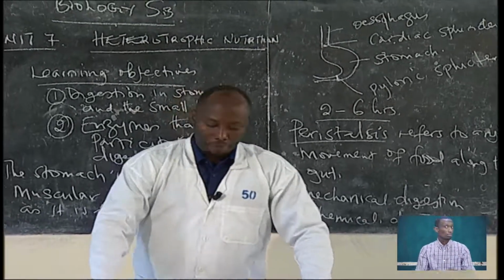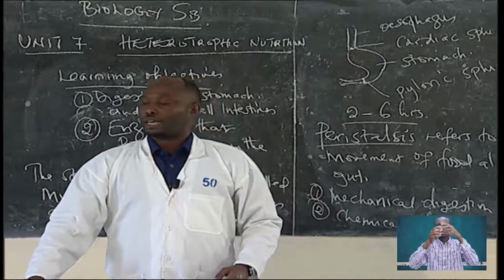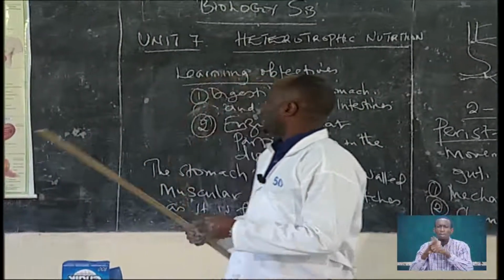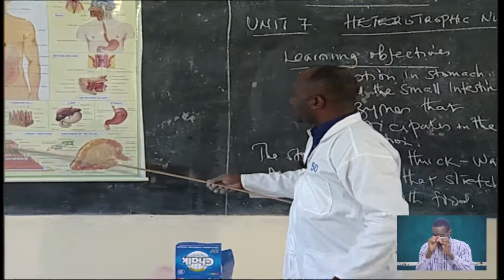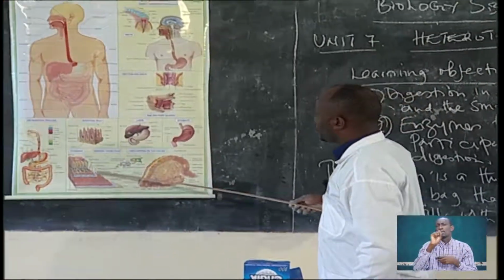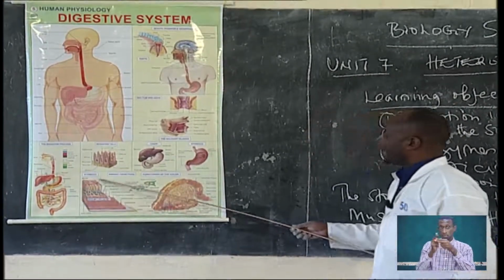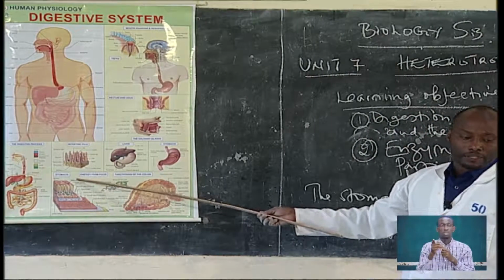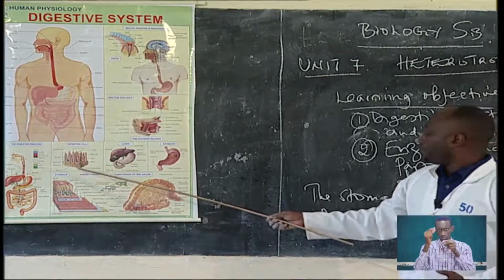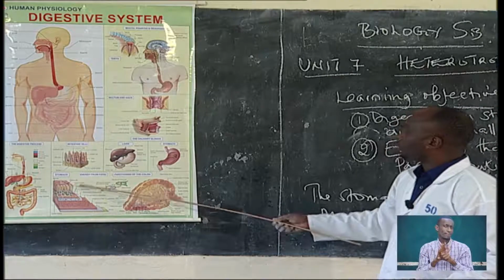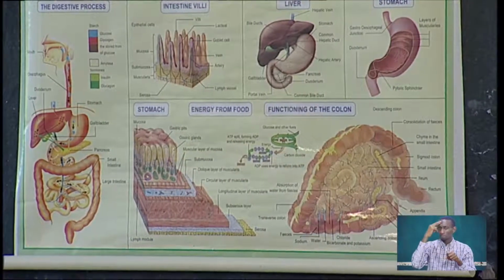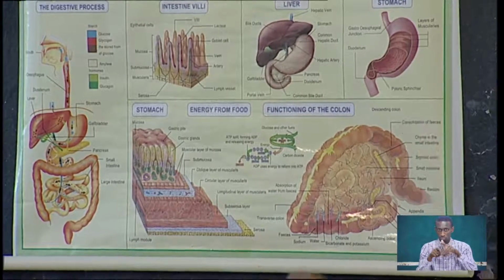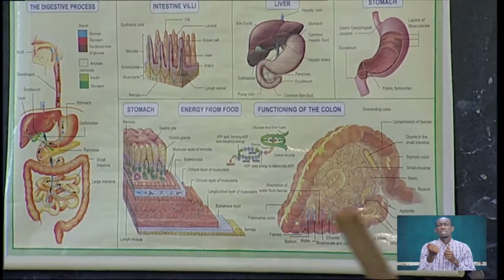So let's talk about the stomach lining, which has many openings. These are called the gastric pits. On the diagram, this one is called the gastric gland, and on the gastric gland we have the gastric pits. These gastric pits are very important because they produce the gastric juice, which contains some enzymes and some hydrochloric acid.